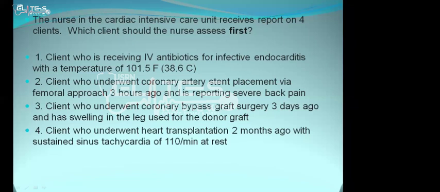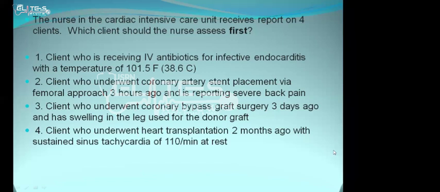Leticia, let's hear you. Okay, so I'll choose option 2 because the site of insertion for the coronary artery stent placement is via the femoral approach, and it has nothing to do with the back. Yes, and if any anesthesia is given, it's even local before the placement was done.